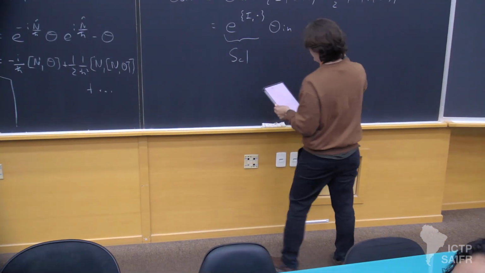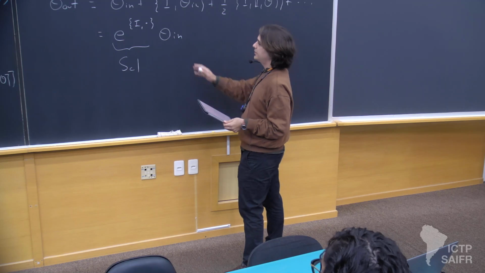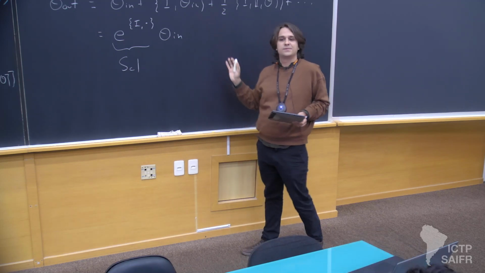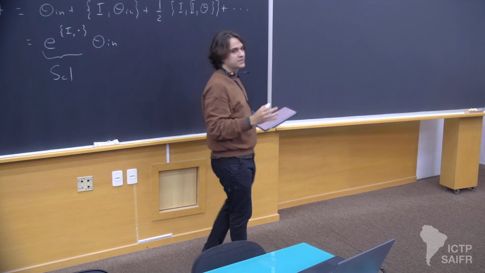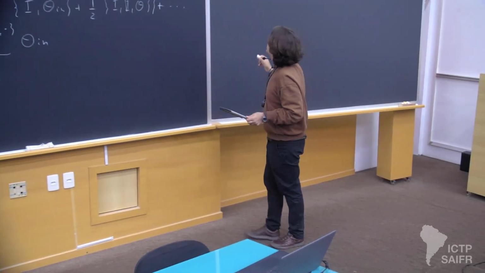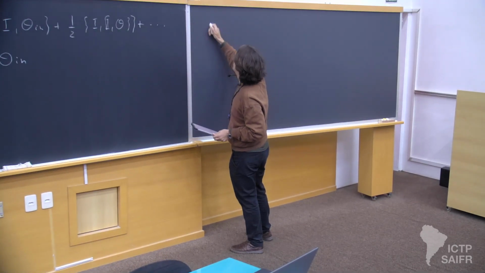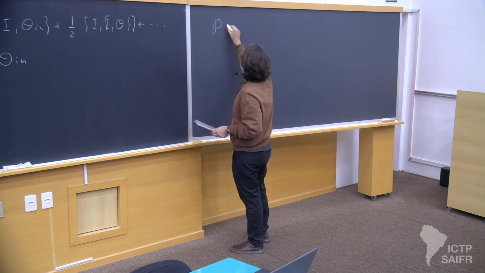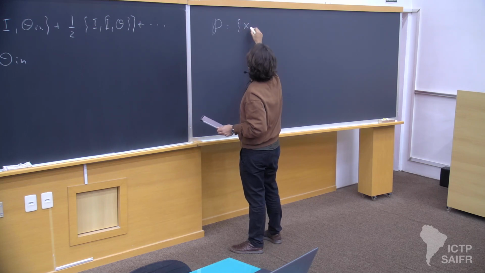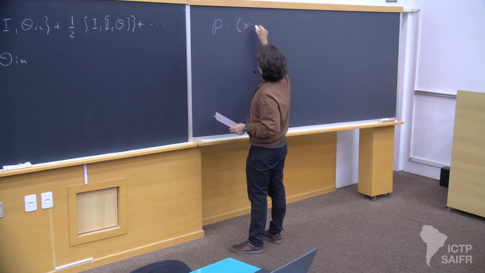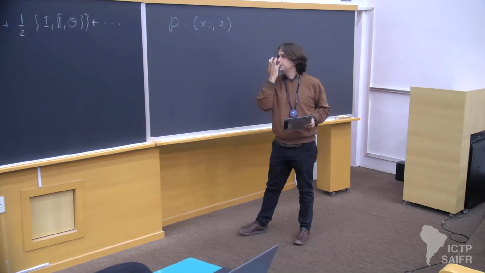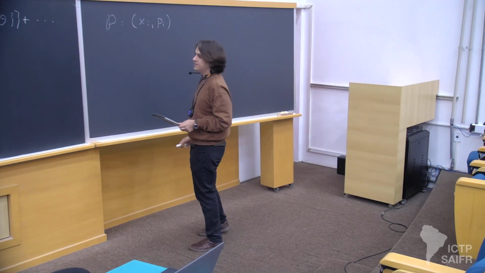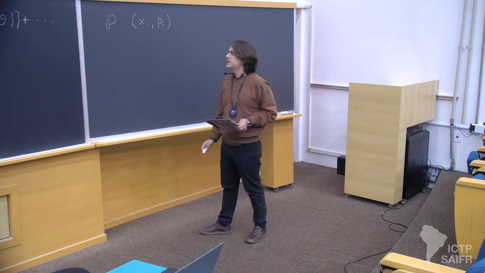Oh, so first of all, let me comment. In order to do computation, we need to remind ourselves what these Poisson brackets are, right? We just have a pair of particles, so the phase space is just the set of x_i and p_i for each particle. And they have the usual canonical commutation relations.